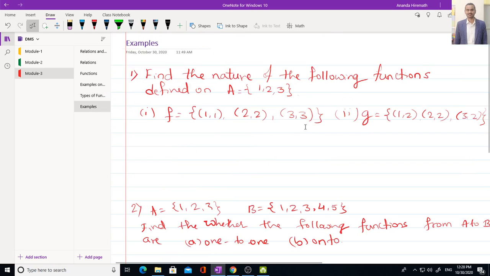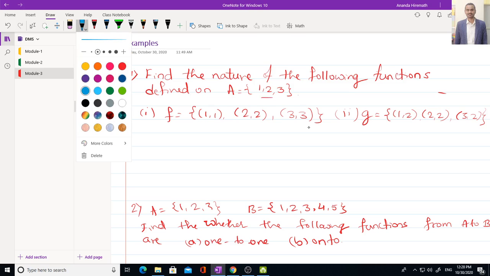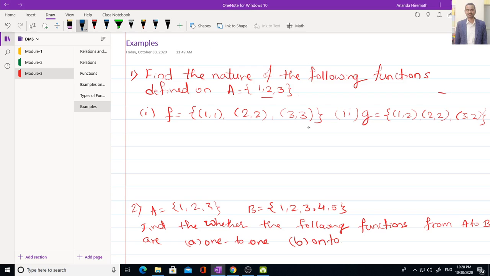Now, let us see some examples on this concept. The first example is, find the nature of the following function defined on A. A is {1, 2, 3}. There are three elements in A. And the function is defined by (1,1), (2,2), (3,3). Now we should find the type or nature of the function.